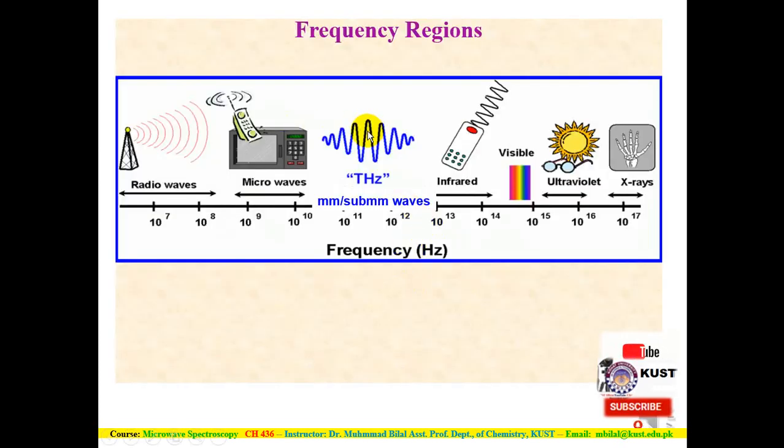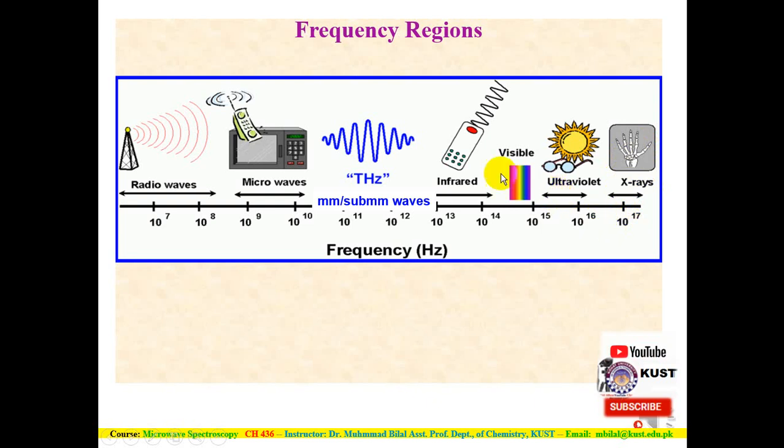First of all, we will discuss the different regions of electromagnetic radiation. Electromagnetic radiation is composed of radiation of different frequencies. Each region can cause a specific type of transition in the molecule. For example, X-rays cause inner shell electronic transitions.